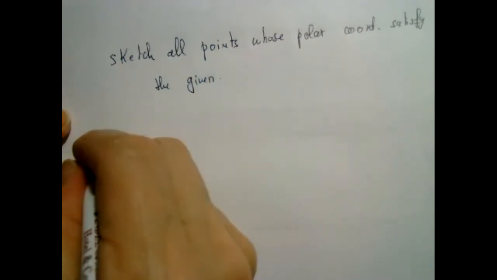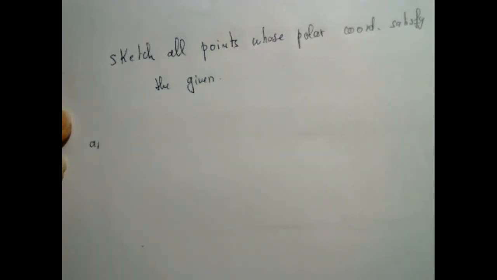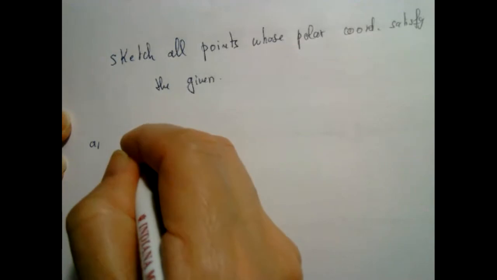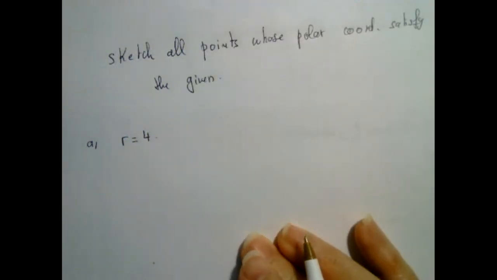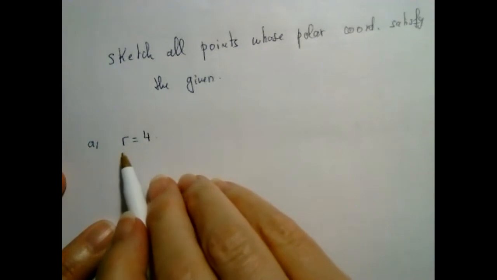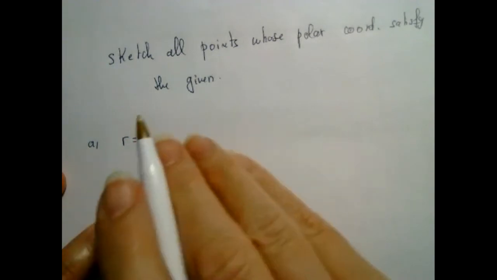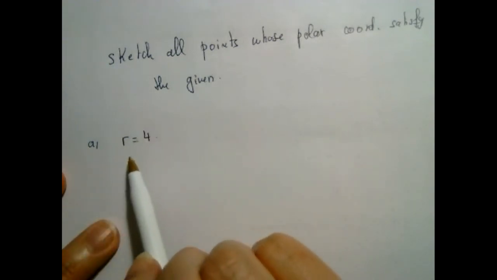All right, so I'm going to sketch all the (r, theta) such that r is, let us say, equal to 4. I want to sketch all the points that satisfy the given equation, r equals 4.